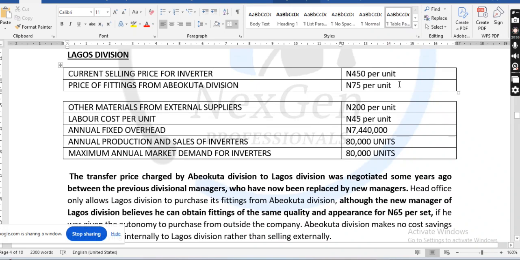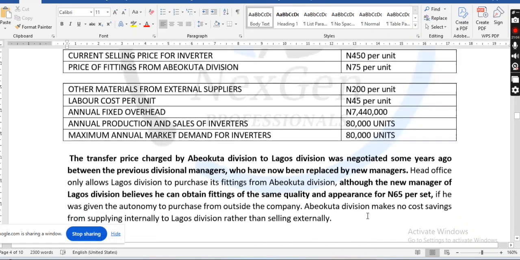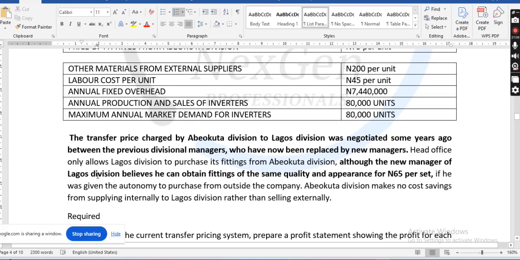Abeokuta is selling at 75, right? But the new manager believes he can still get it lower than that. Then, if he was given the autonomy to purchase from outside the company, Abeokuta division makes no cost savings from supplying internal to Lagos rather than selling external, right?